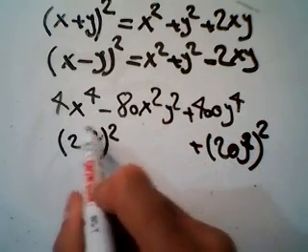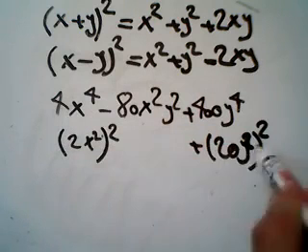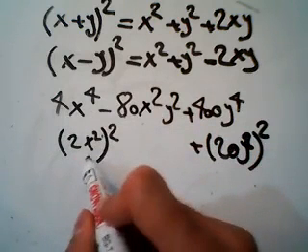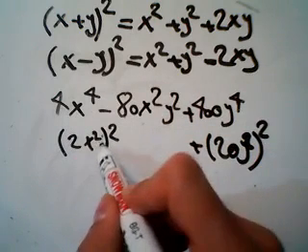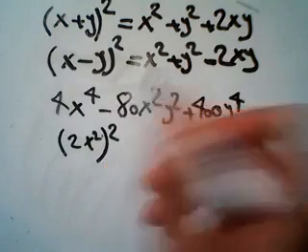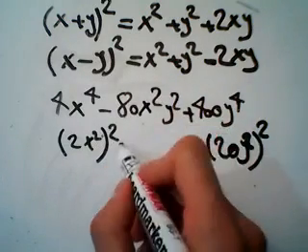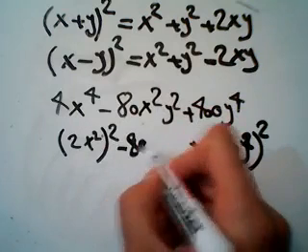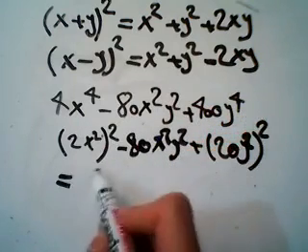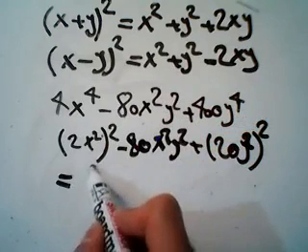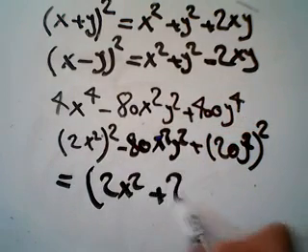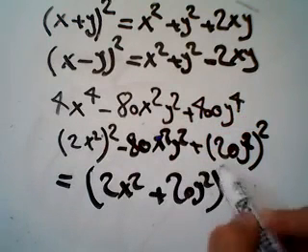The first one times the second one would be 40x squared y squared, and minus double it would be minus 80. So everything is okay, and that would be equal to 2x squared plus 20y squared, the whole thing squared.